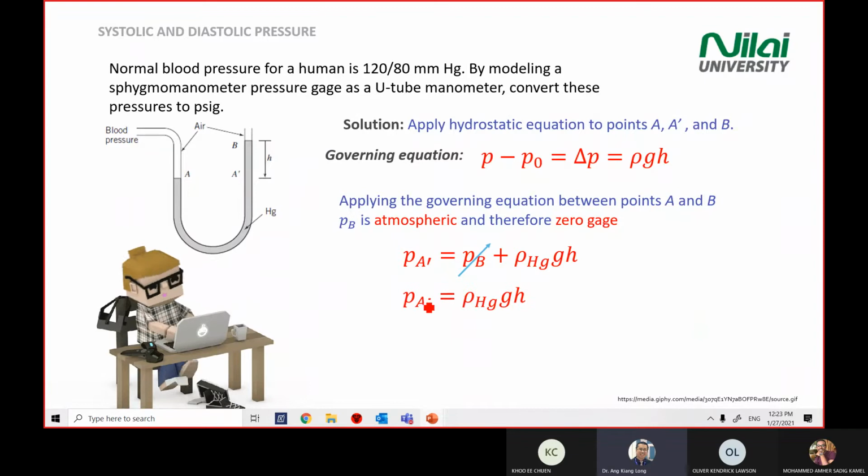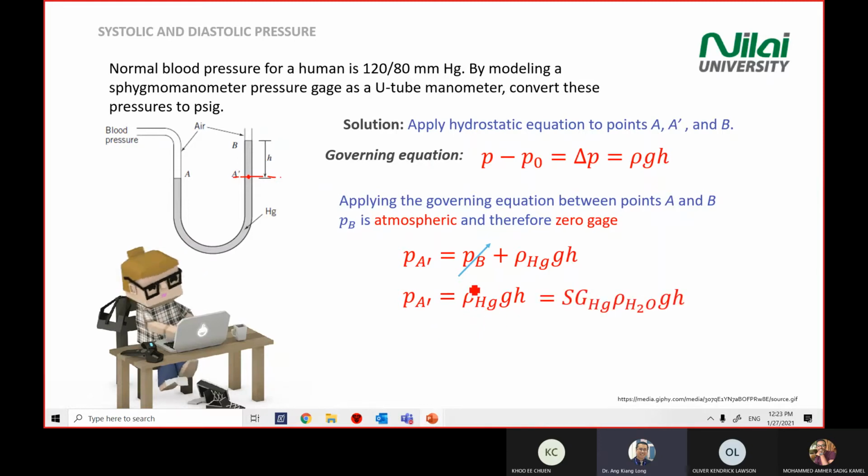Okay, we continue with the calculation. So you have the pressure at point A prime here, which will be equal to rho g h, and the rho here depends on the liquid itself. In this case, the fluid is mercury, so you use the mercury density.